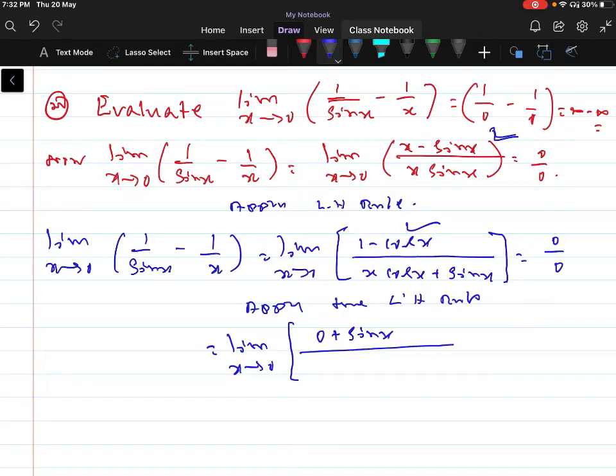You have to apply the product rule here: x into cos x differentiation, minus sin x, plus x differentiation 1 into cos x, plus sin x differentiation, that is cos x. Now let us apply the limit as x approaches 0. When sin 0 is 0, again x is equal to 0, that is 0, and cos 0 is 1 and cos 0 is 1. 0 plus 1 plus 1, that is 0 by 2, that is equal to 0.